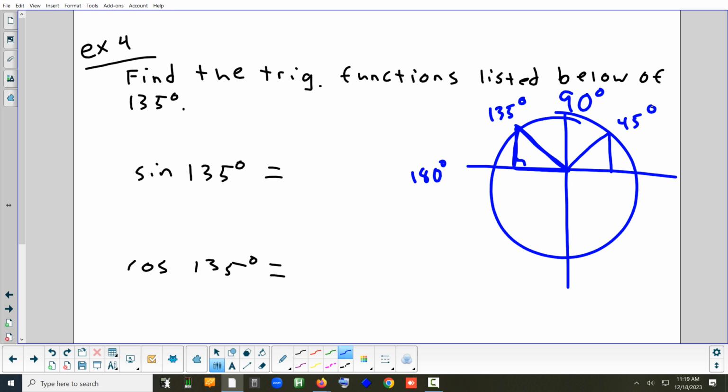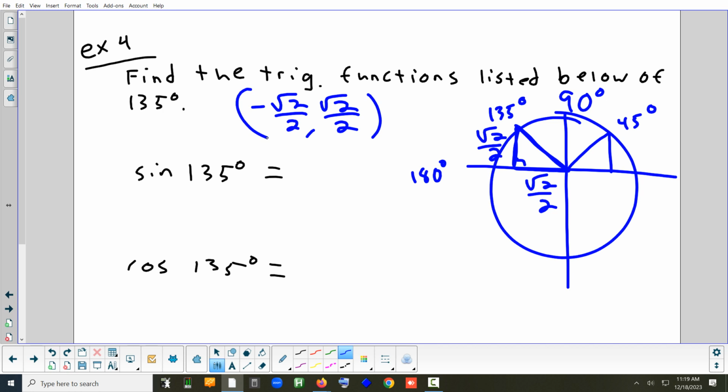Wouldn't the x be negative and the y be positive? Yeah, so when I label the lengths, they're both root 2 over 2, but when we write the coordinate, we're going left, so the x is negative. Yep. So negative root 2 over 2, root 2 over 2. That's all there is to doing the unit circle in another quadrant. That's why I said there's no new point you have to memorize. You just have to make something a negative.